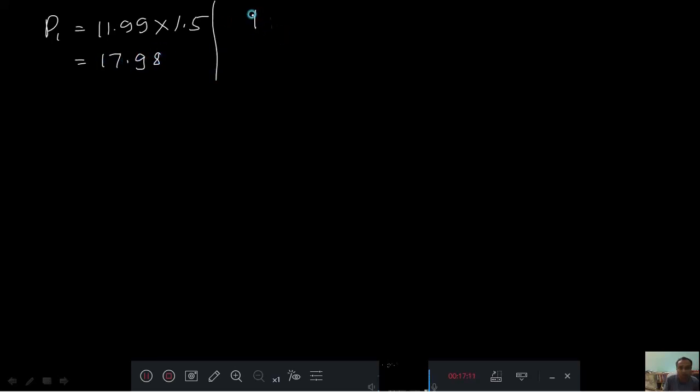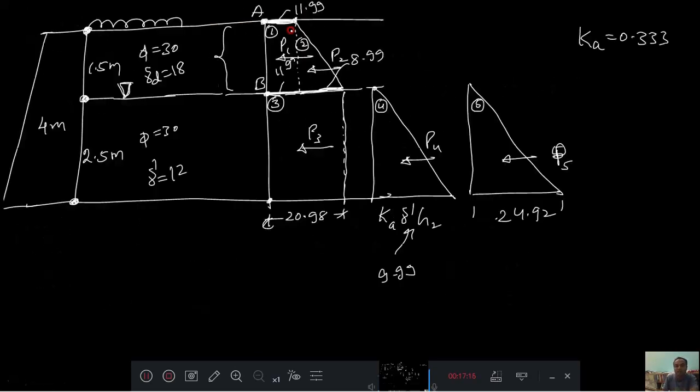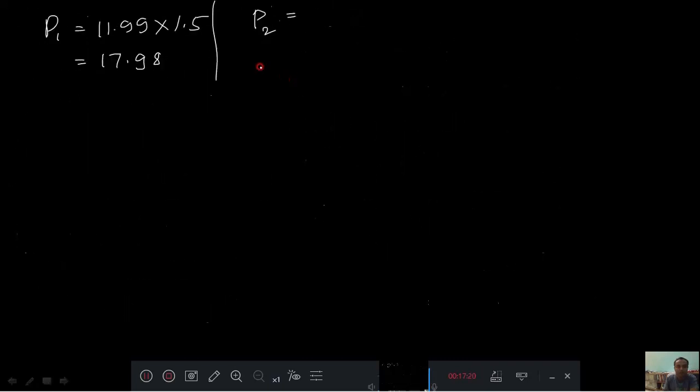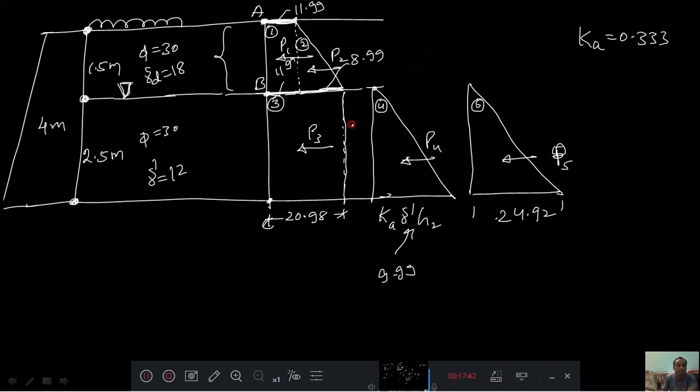Then P2 is a small triangle, half into 8.99 into 1.5, that is 6.74 kilonewton. P2 is over. P3 is a big rectangle, that is 20.98 into 2.5.